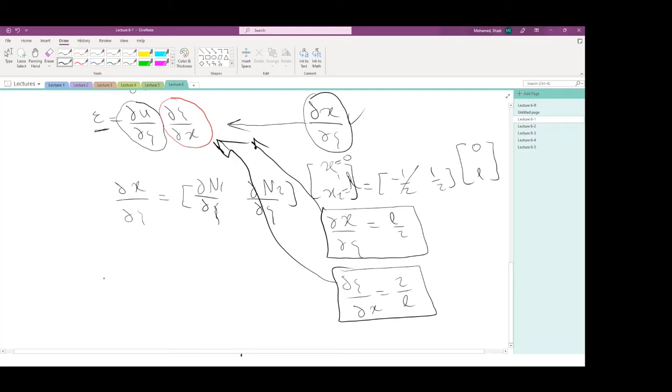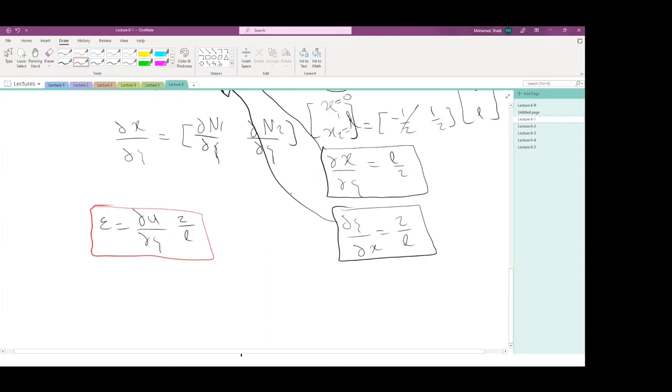So the strain now is going to be du over dxi multiplied by 2 over L. Okay, so once I have this expression, I can easily find the strain. So the strain in this case is just going to be the derivative of the shape functions. I've already found the derivative of the shape functions with respect to xi. So I'm just going to expand that.